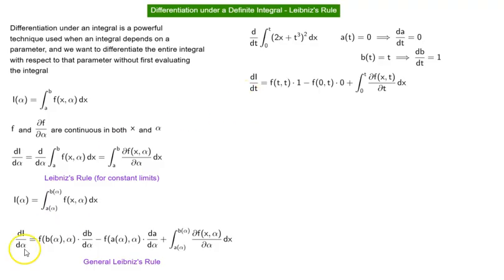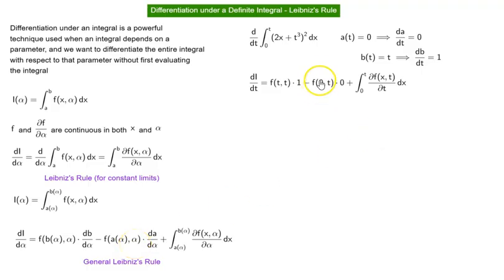Applying that, we get dI by dt is equal to f of b of alpha comma alpha, that is f of t comma t, times dB by d alpha or dB by dt, which is equal to 1, minus f of a alpha comma alpha.